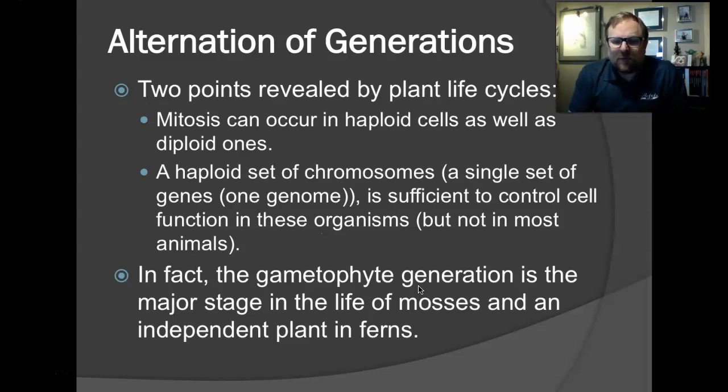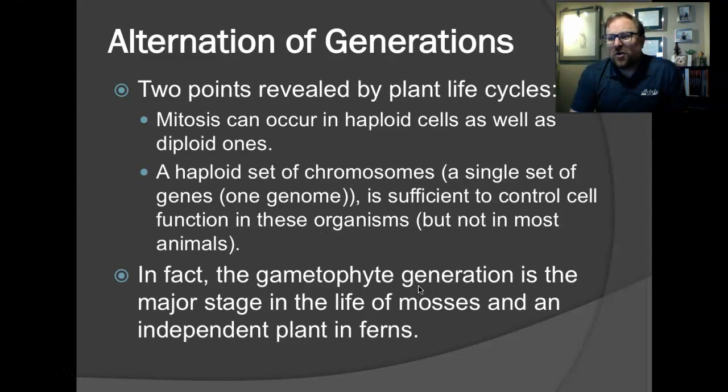In fact, the gametophyte generation is a major life stage in mosses and an independent plant in ferns, okay? So there's actually entire sets of organisms that will spend the major stage of their life as gametophytes, okay?